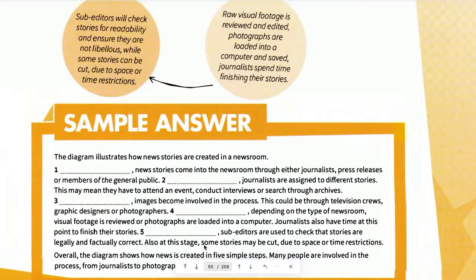And also at this stage some stories may be cut. And we'll see why some stories can be cut from the diagram, okay, due to space or time restrictions. They use exactly the same thing, due to space or time restrictions.